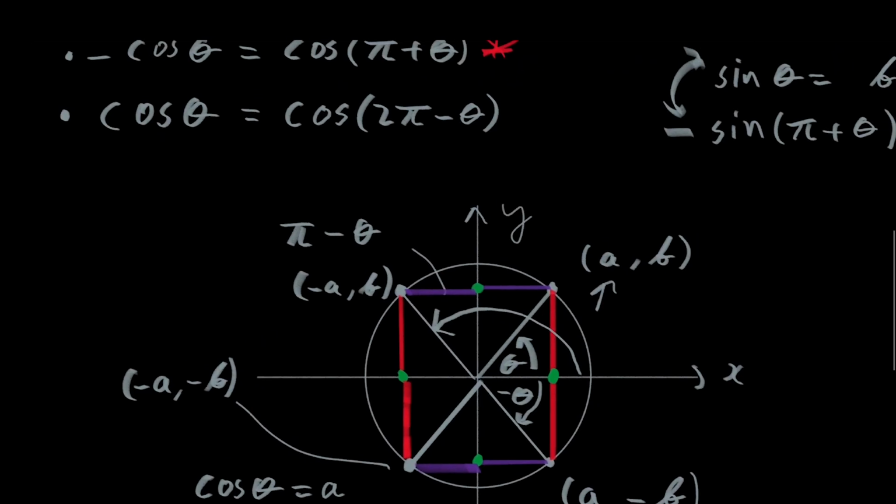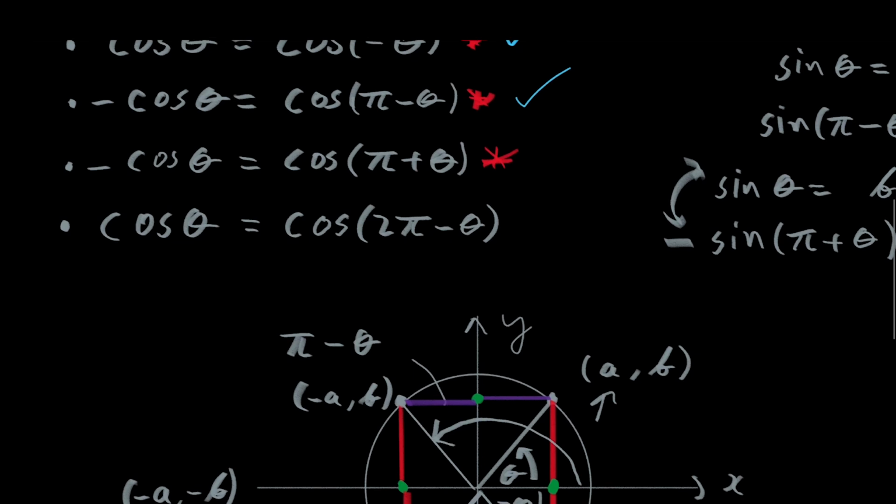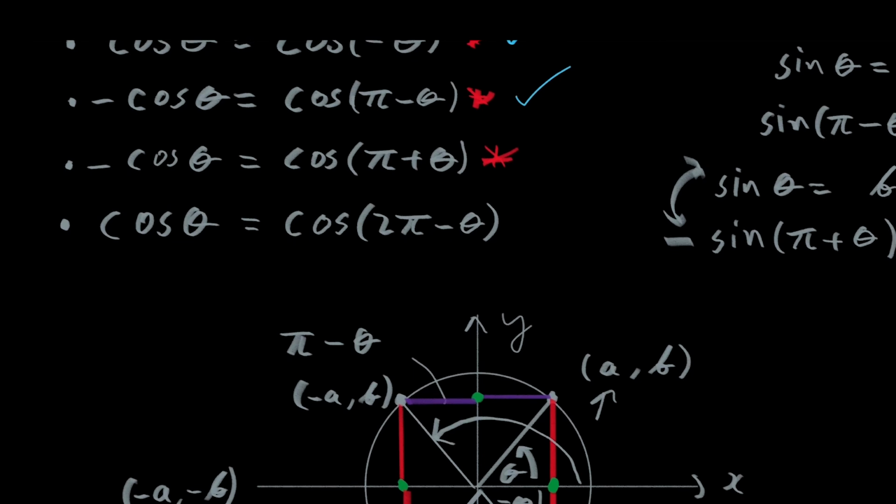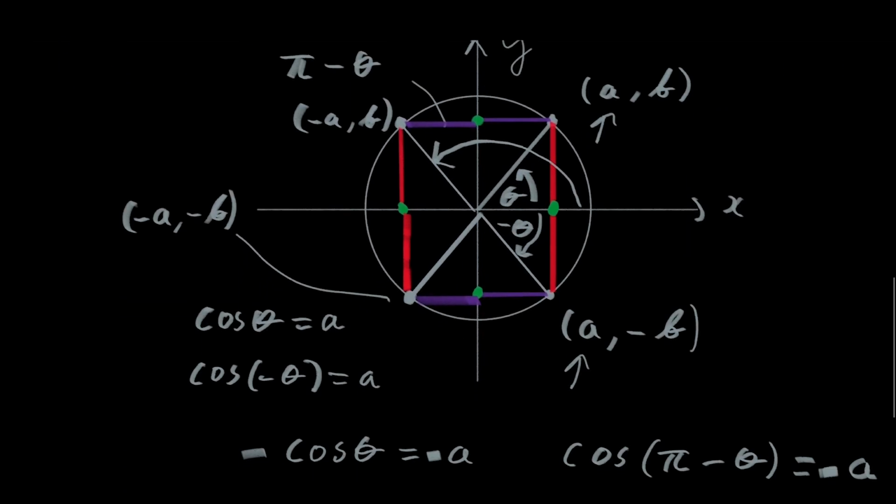Let me take a quick look at the identity. All right, negative cosine of theta equal to the cosine of pi plus theta. So pi plus theta would be this angle here.